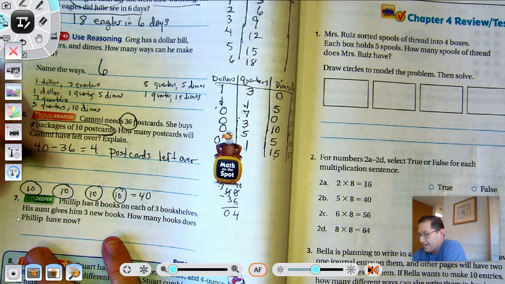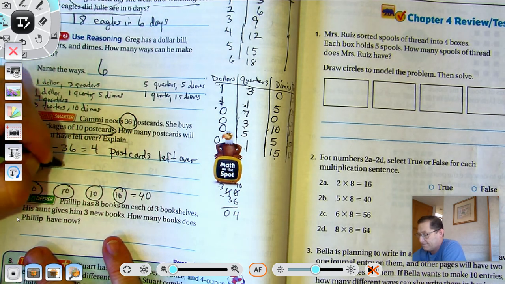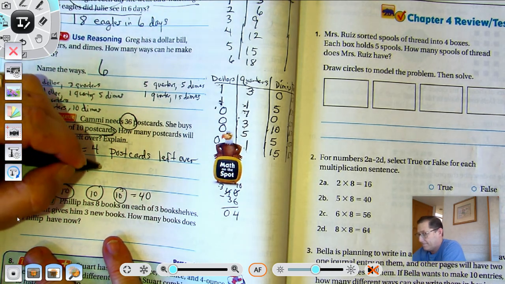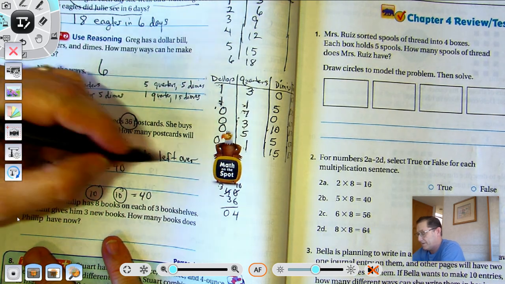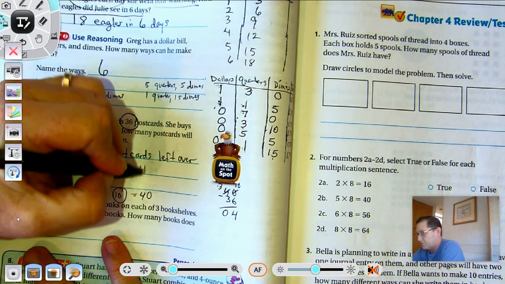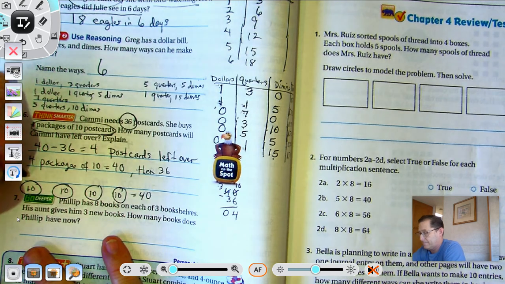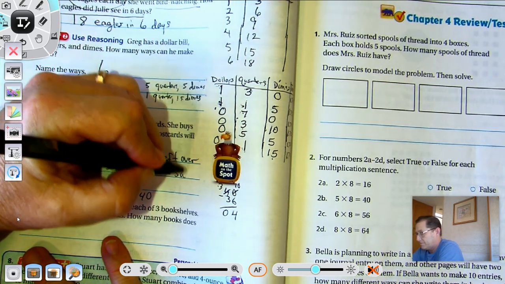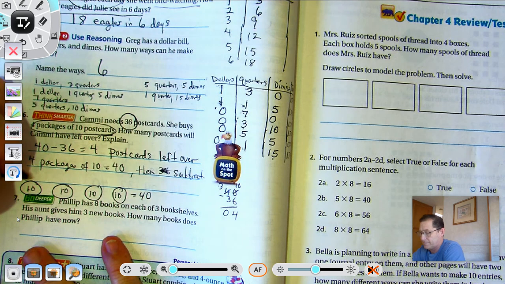So if we had to explain, 4 packages of 10 equals 40. Then subtract the 36 she needs.